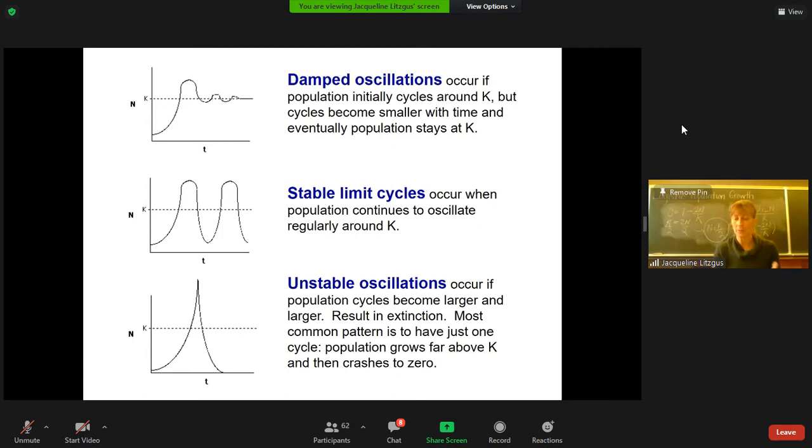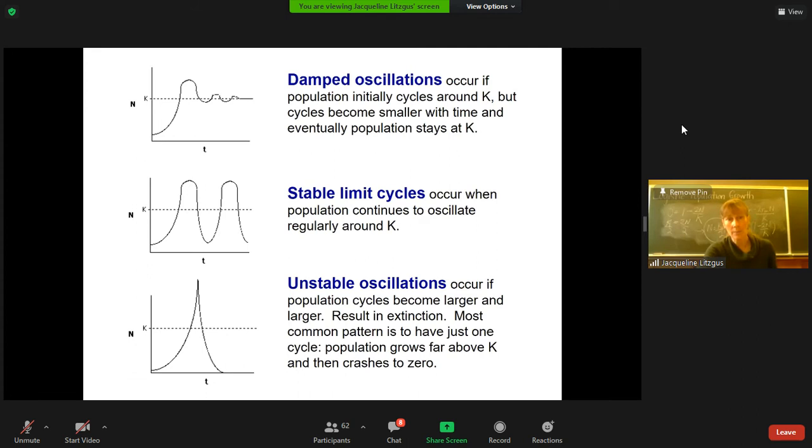So again, it looks sort of like the exponential. But this is when it just goes way far above carrying capacity, and by the time it responds, it's too late, and the population is gone. So the damped oscillations represent a fairly stable situation because eventually things flatten out around carrying capacity. The stable limit cycles are not as viable as the damped oscillations because at the bottom of those curves, the population gets dangerously small.